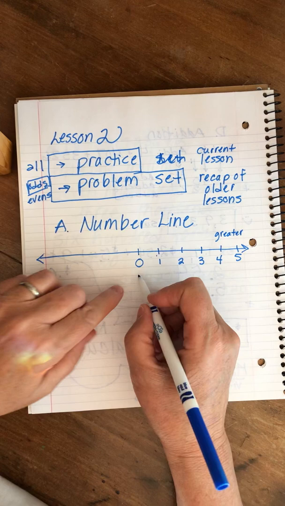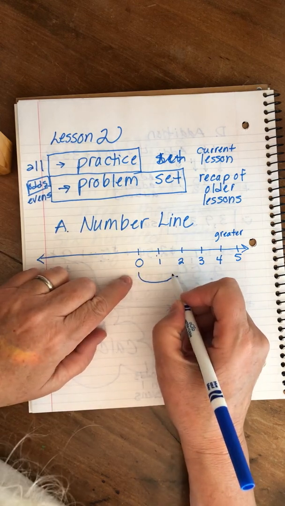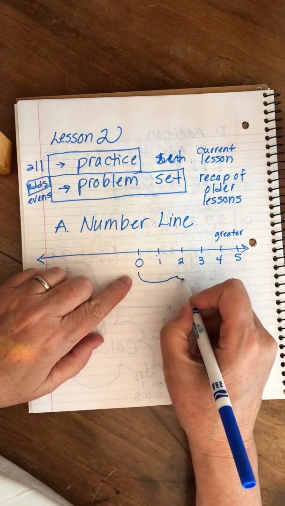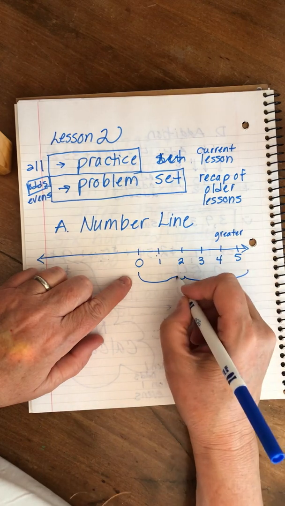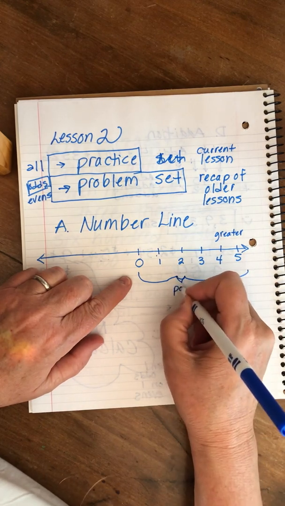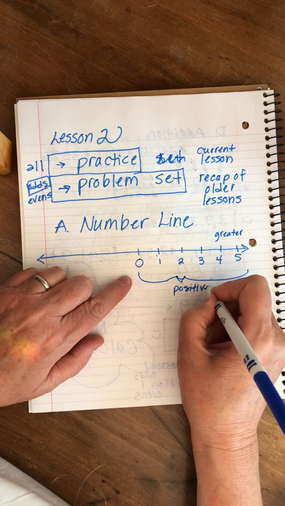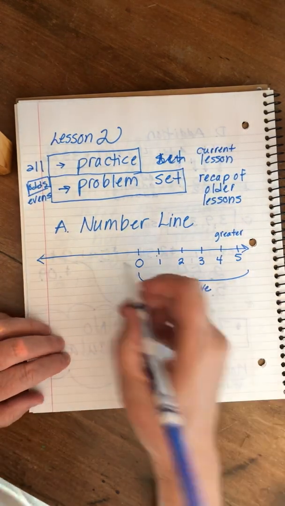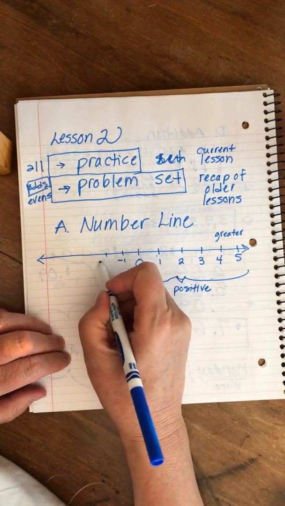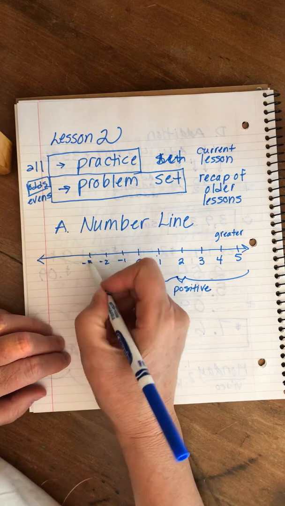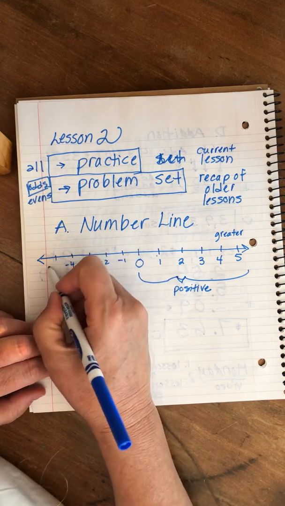And we call these, oh, that was a really bad parenthesis thing. These are the positive numbers. Okay? Which implies when we go this way, oh, these are negative numbers, aren't they?